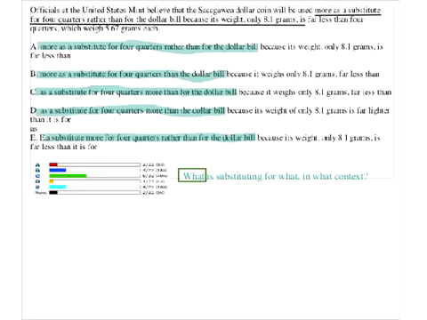The SAC dollar is substituting for 4 quarters more than the SAC dollar is substituting for the dollar bill. That's what this is supposed to mean. Because you can figure that out from context, because it's substituting for 4 quarters because it's lighter than 4 quarters. It's heavier than a dollar bill, so it's not going to substitute for the dollar bill.